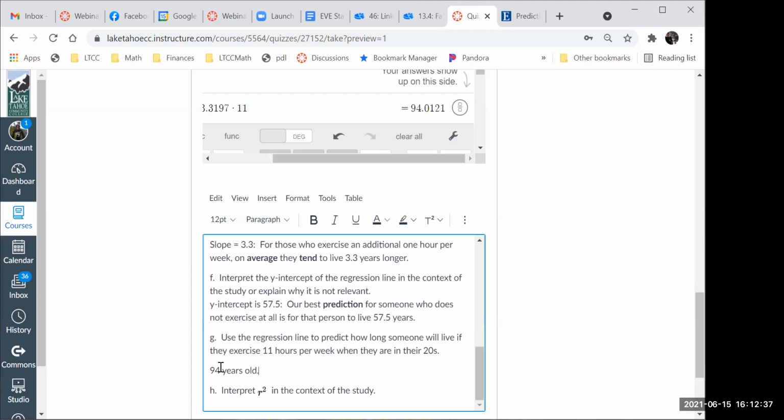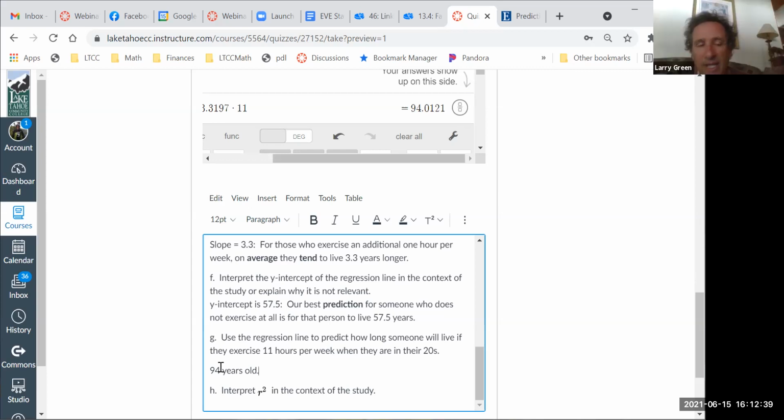No, it doesn't mean that. Again, causation is not part of regression analysis. You can't do that. These are predictions based on numbers. They're not matter of fact statements. Any questions at all on part G?